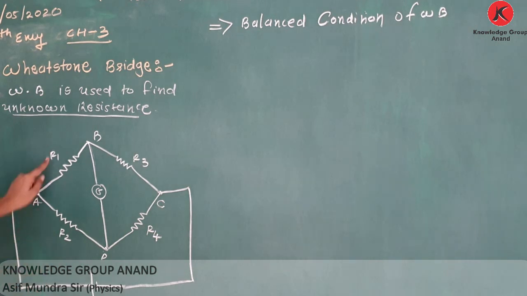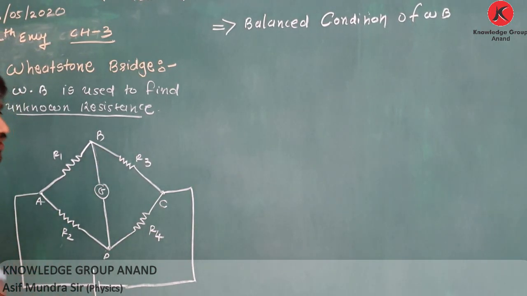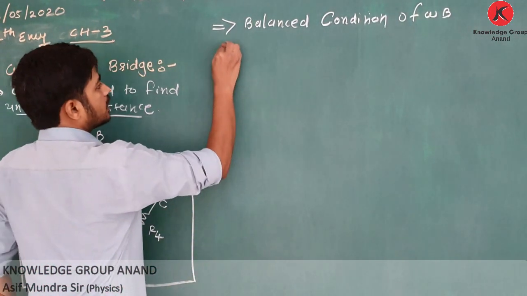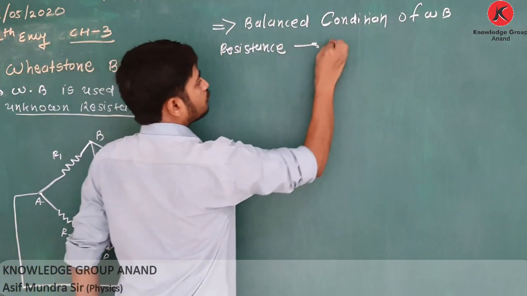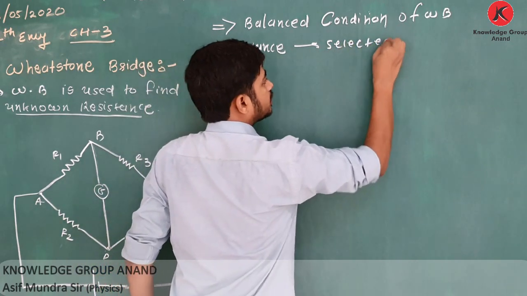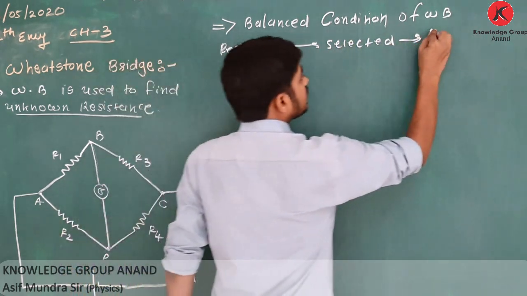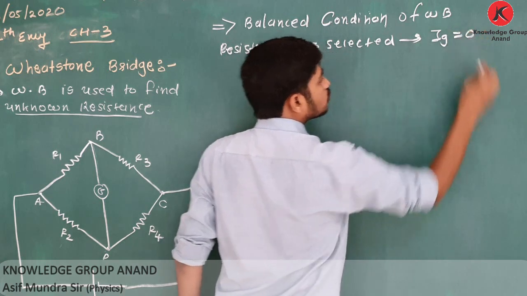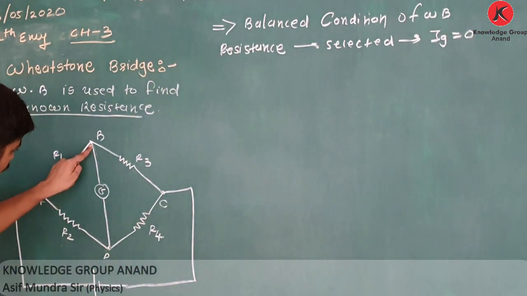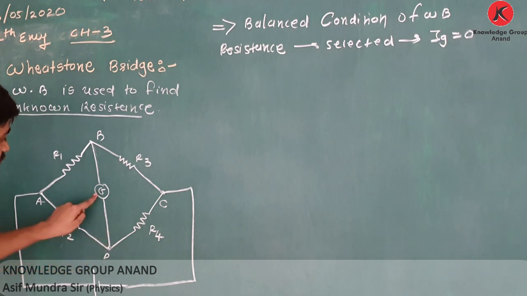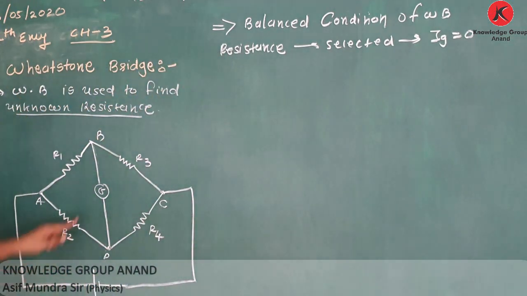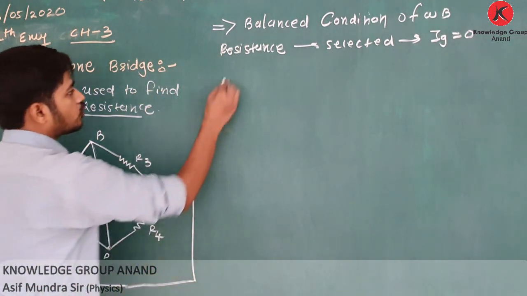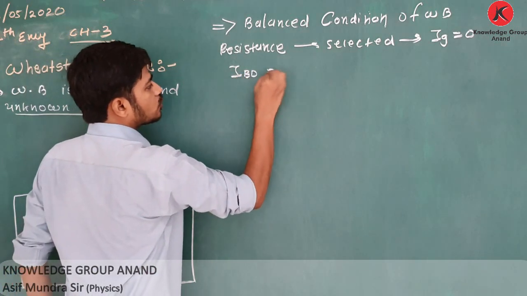When we select these 4 resistors R1, R2, R3, and R4 such that Ig is equal to 0. Ig equal to 0 means the current flowing through this BD path, through this galvanometer, is 0. Resistances are selected such that current flowing through this galvanometer is 0, meaning IBD is equal to 0.